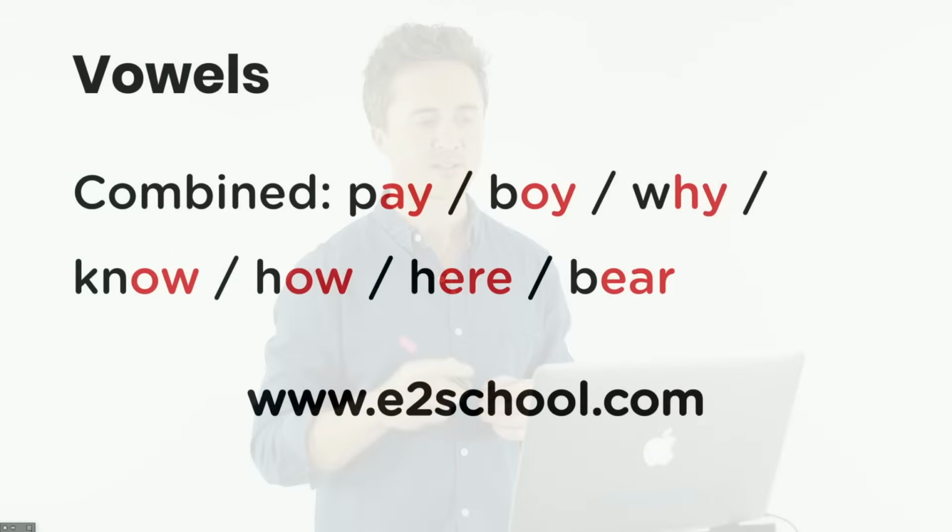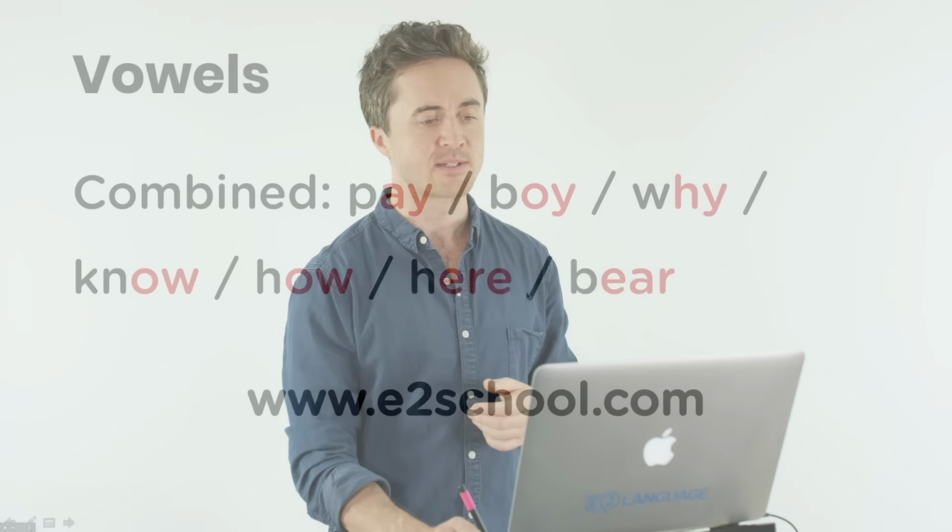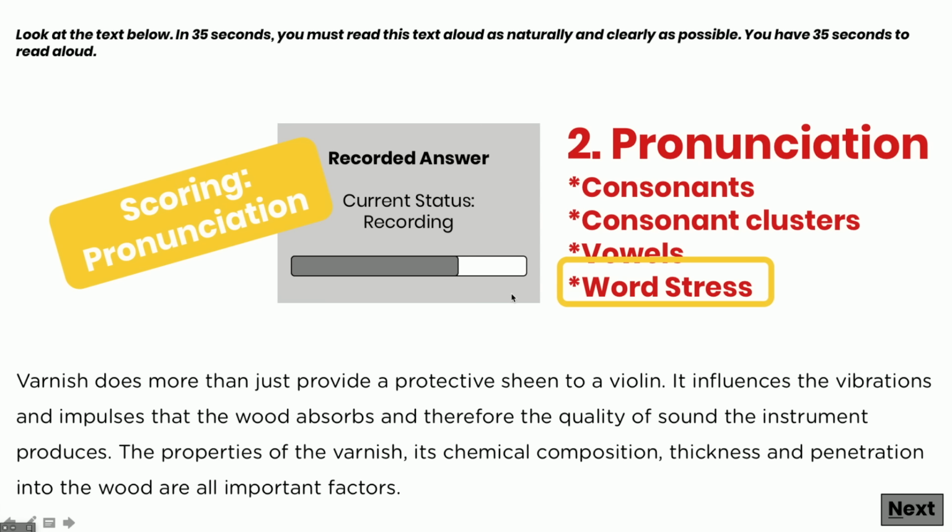So your mouth is sort of doing two vowel sounds at once. How, here, bear. Anyway, they are all the vowel sounds. So they have the short, the long, and the combined ones.